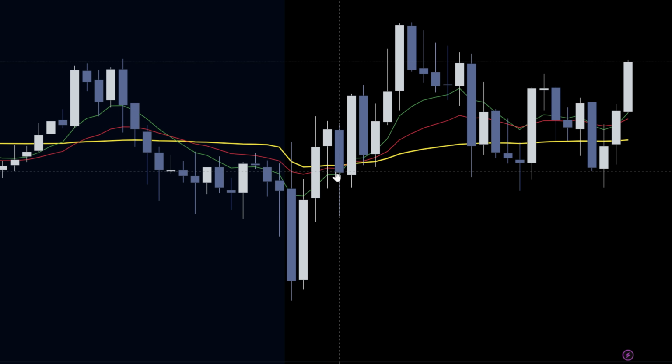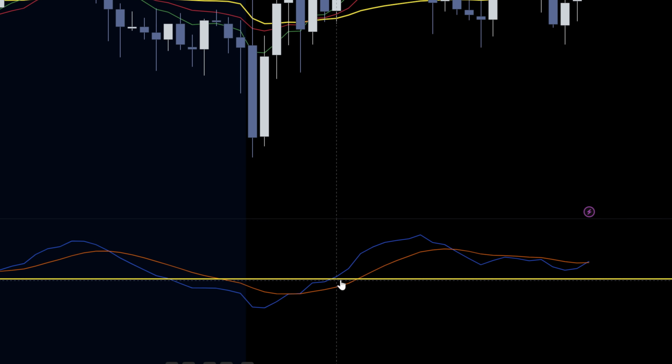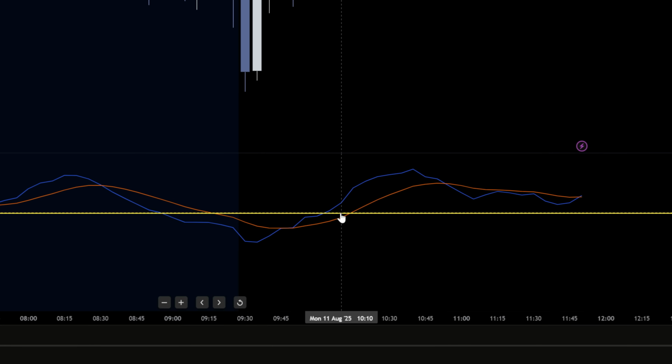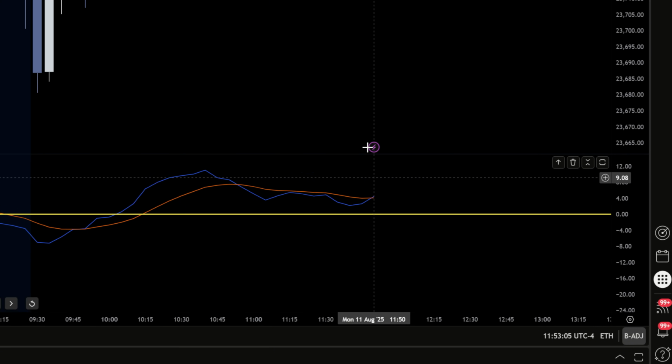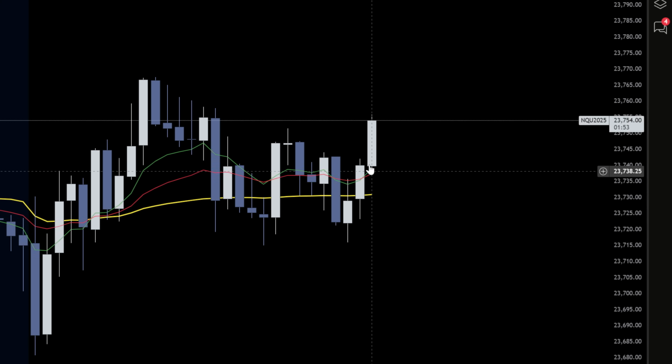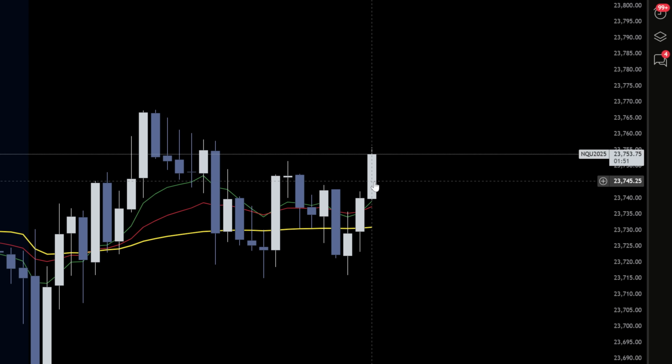As you can see, there's a bunch of chop. We're not quite there yet. And here at 10:05, we become bullish. Here on this cross, we look at price, we become bullish, right? A very simple system. Again, using the best indicators to make the best system.